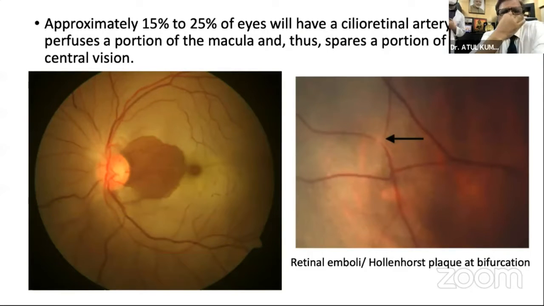You can have a classical cherry red spot where you get Hollenhorst plaques at the bifurcation, but you can get sparing of the fovea and the central retina, the macula, because of the presence of a cilioretinal artery. The whole retina is pale except for the macula, where there's perfusion. The patient may have some good central vision, but overall vision may be poor because the overall field is very poor.